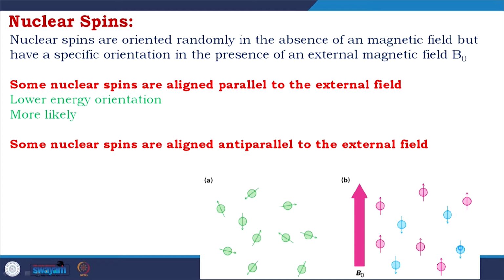If you see, the pinks are aligned parallel to the external field, whereas the blue ones are anti-parallel to the external field, and this is a higher energy orientation and less likely. By more likely and less likely, I mean more populated and less populated.